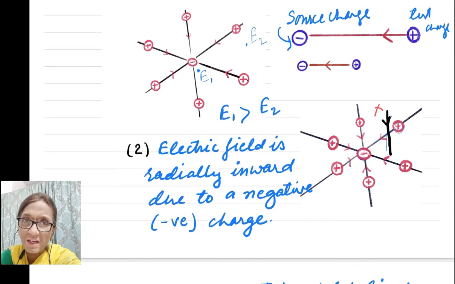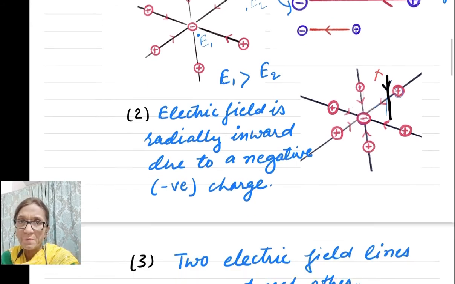Another way of saying the same thing is that electric field is a vector quantity, and a vector has a unique direction. It cannot have two directions. This is why field lines, which are in the direction of electric field, cannot cut each other. There can be only one electric field line at any one place.